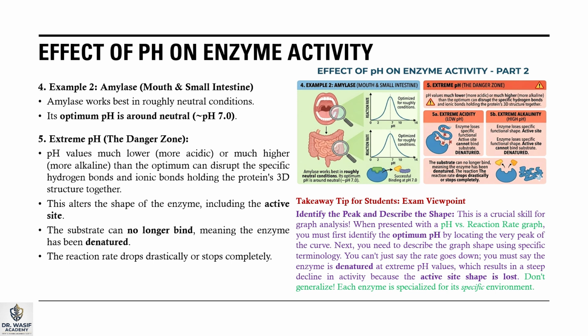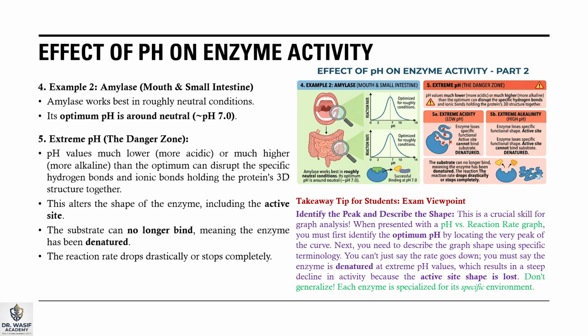In your exams, you will often be asked to analyze a graph. We will also discuss a graph after completing this lecture. But what I want to explain here is that you should always identify the peak. Find the very highest point of the curve and drop a line down to the x-axis to find the exact optimum pH. Do not just say the line goes down.